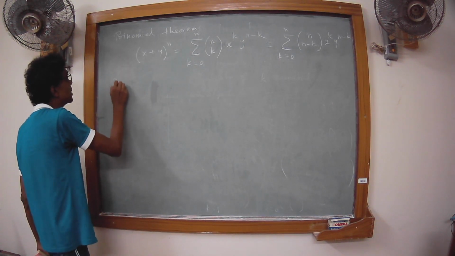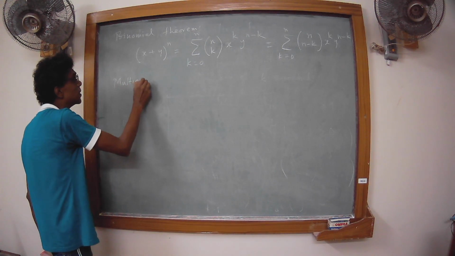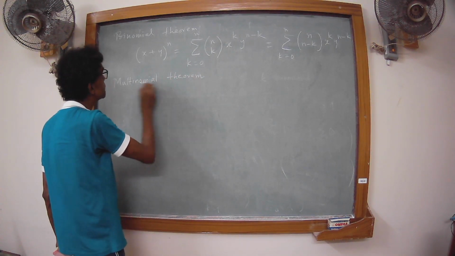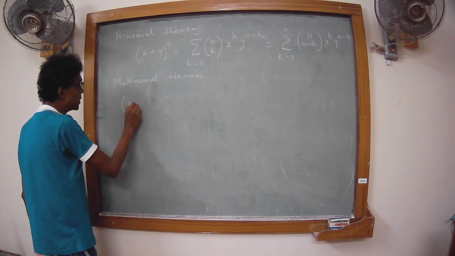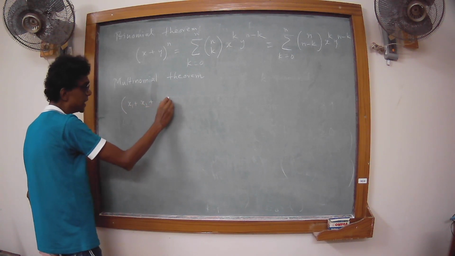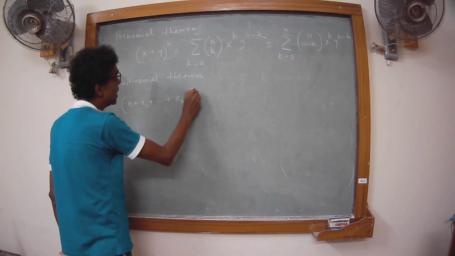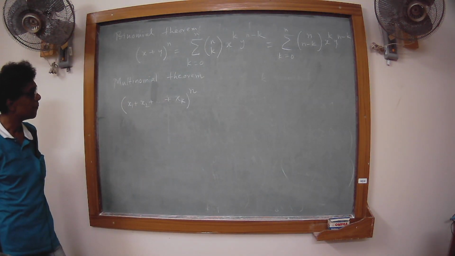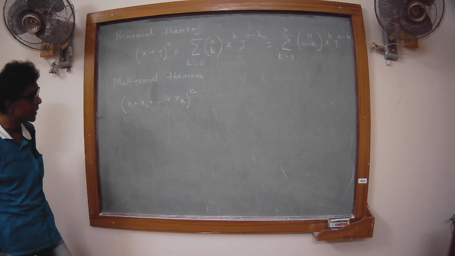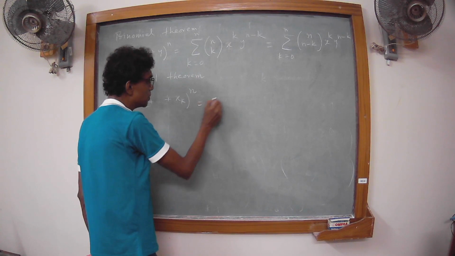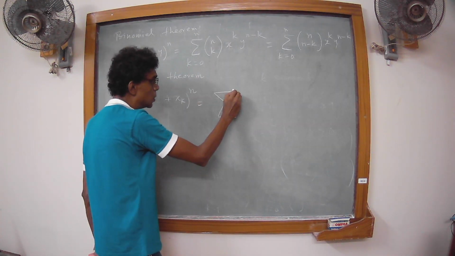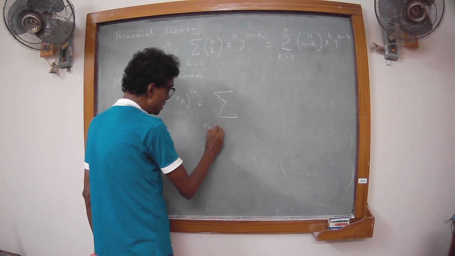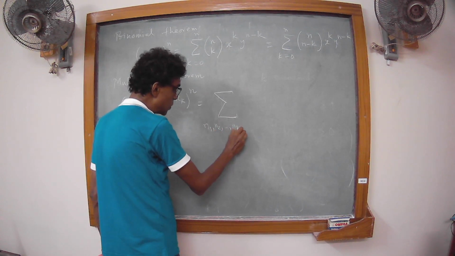And I do not know whether you already know this multinomial theorem. This is an extension of this. Instead of 2 variables, I have k variables, and I look at the expansion of this when it is raised to power n. Then a similar formula holds, but it is much more complicated looking. So I now make a sum over all n1, n2, ..., nk.